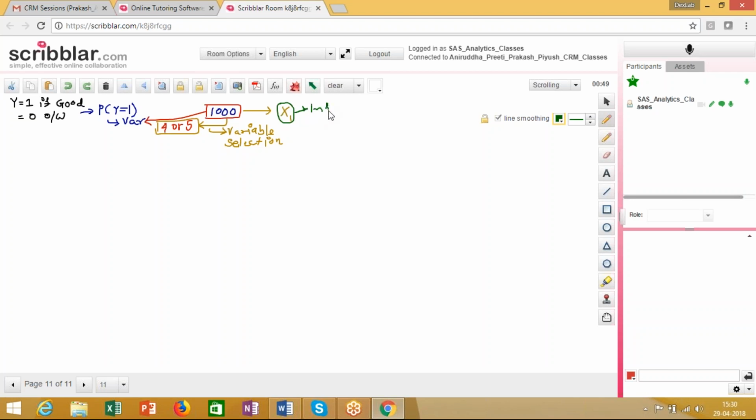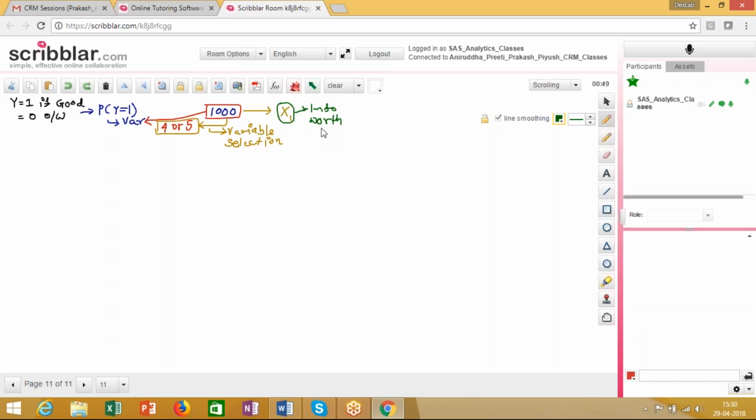Now, when I talk about this information worth, what is this information worth? How would I assess the information worth of a variable x1 for this particular case?